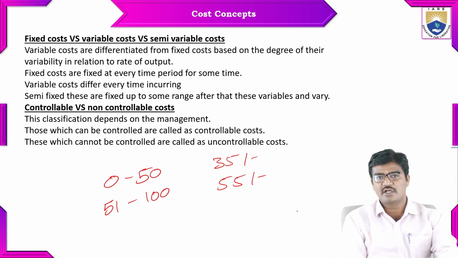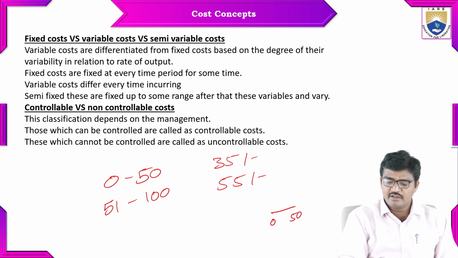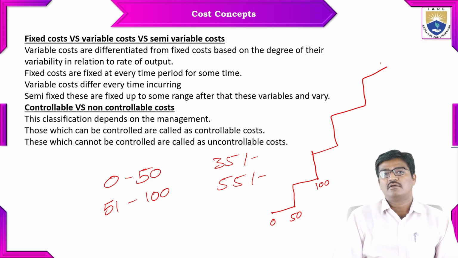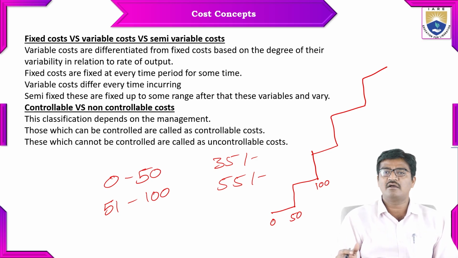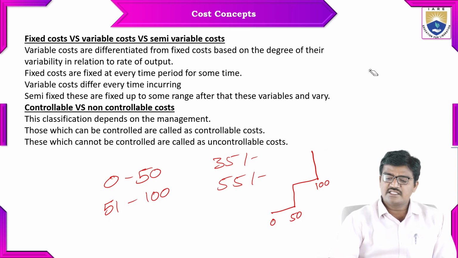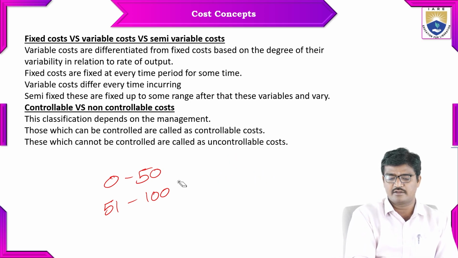These costs are fixed up to some level, that is 0 to 50. After 50, they are raised suddenly, and from 50 to 100 they are constant, and after that they suddenly rise. So like this, the semi-variable costs move along with the units or scale of production. Units means units of manufacture. So like this, fixed costs, variable costs, and semi-variable costs are classified.